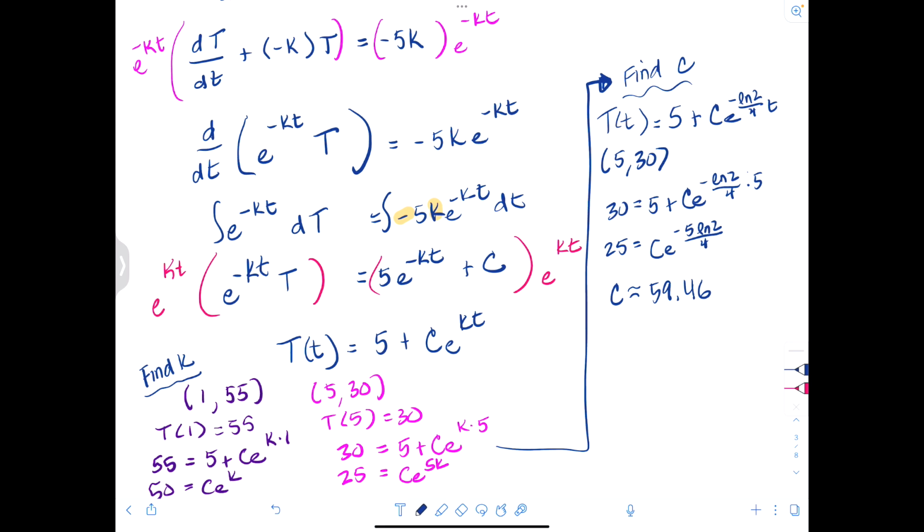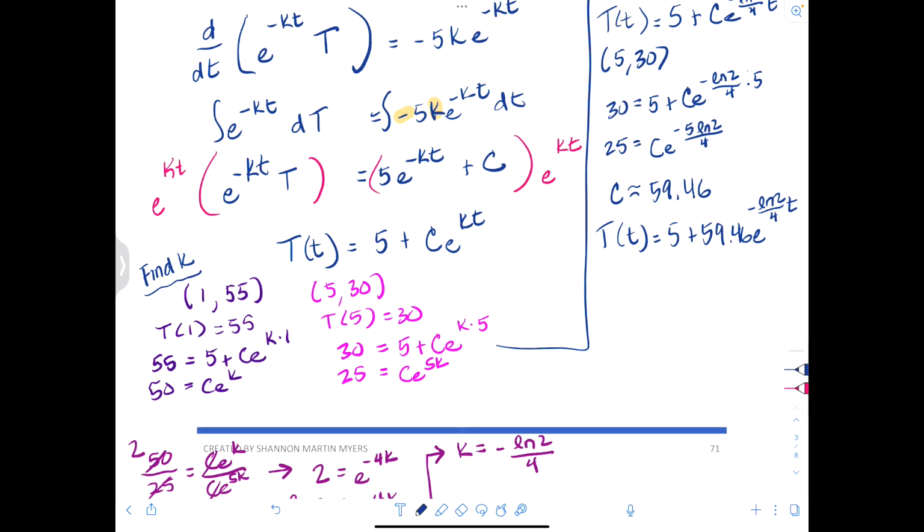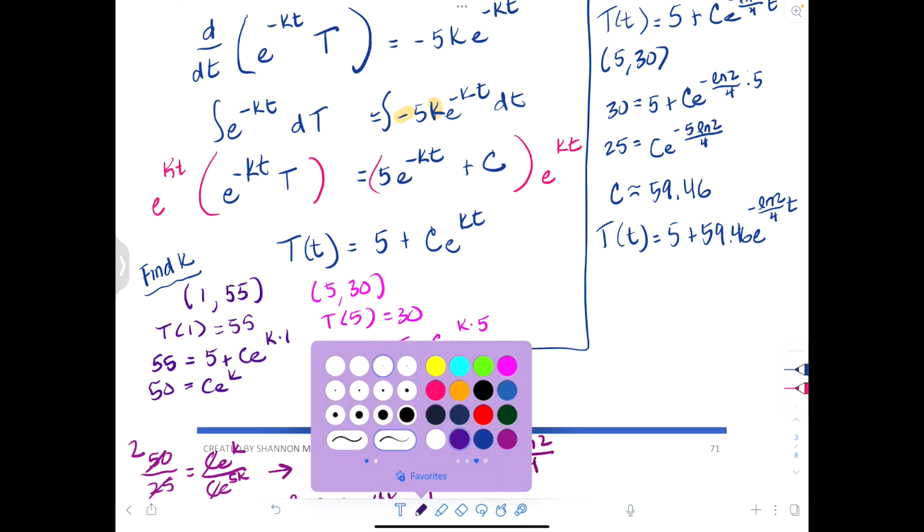So now what do we have? We now have T at t is equal to 5 plus 59.46 e to the negative natural log of 2 over 4 times t. So now we can finally find the initial temperature.